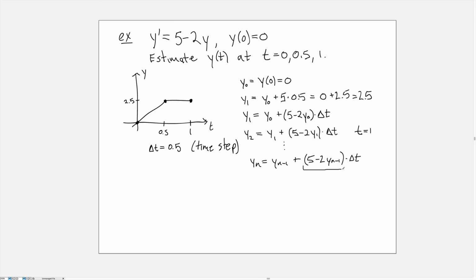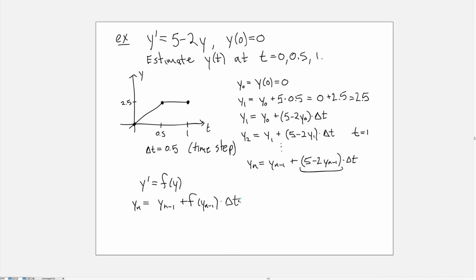So this quantity here is specific to this problem. But let's say in general we had an equation y prime equals some more complicated function of y. Then we would have yn is equal to yn minus 1 plus, and now in place of this slope, which was 5 minus 2y, we are going to put f evaluated at yn minus 1 multiplied by delta t. So that is the general update formula.